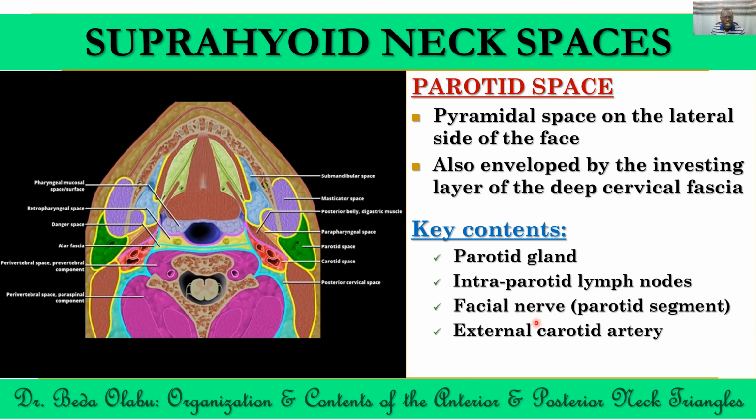The external carotid artery runs through and gives us the superficial temporal artery, and the maxillary artery also divides in this space. And the vein that accompanies the external carotid artery, the retromandibular vein, is also a component of the parotid space.